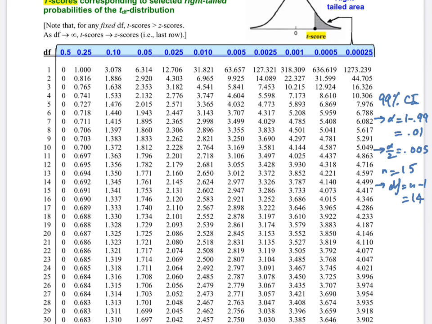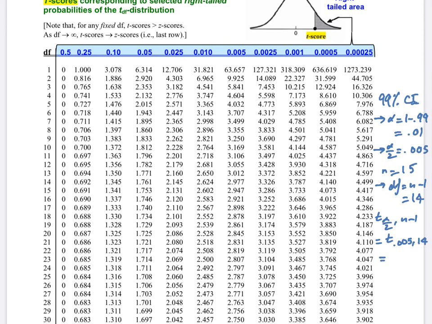In order to use the formula, we want to find t sub alpha over 2 with n minus 1 degrees of freedom, which is t sub 0.005 with 14 degrees of freedom.